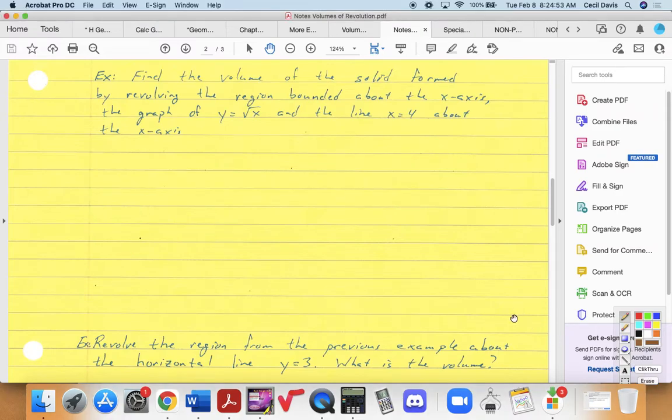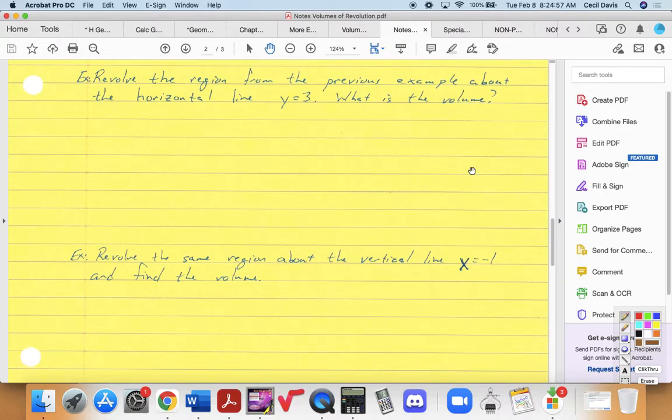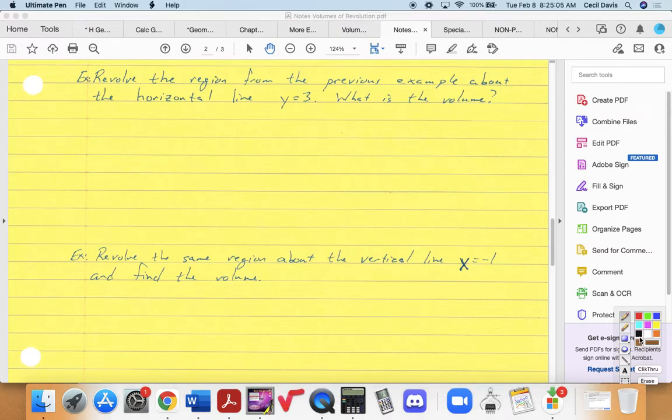All right, let's go to this next one. Revolve the region from the previous example about the horizontal line y equals 3. What is the volume? Okay, let's take a look at that. So again, I'm only in the first quadrant. Y is the square root of x, is this half of a parabola.